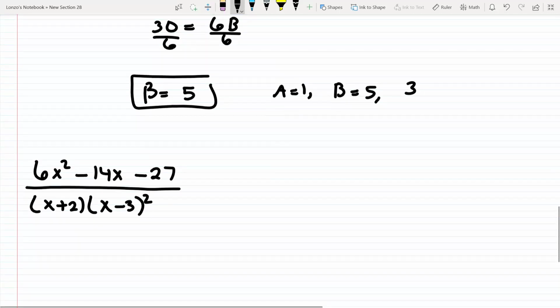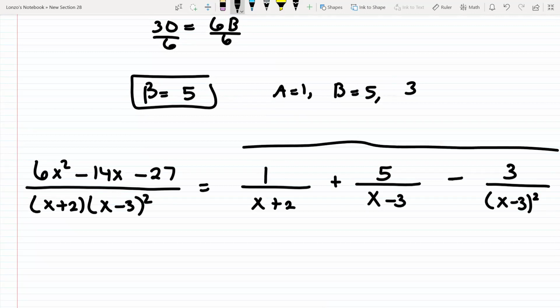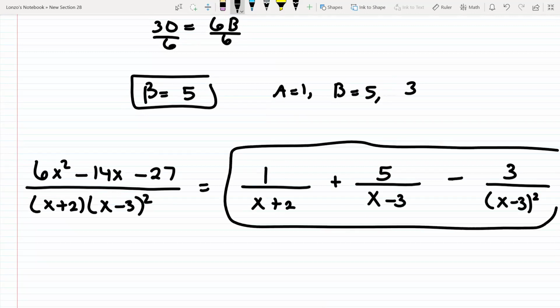So when you put it all together, you get this. Okay, so it decomposes to this.